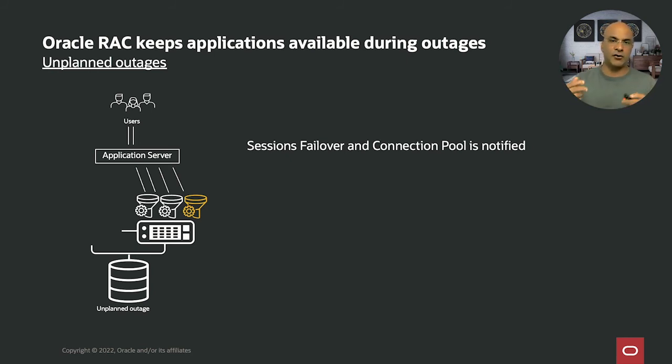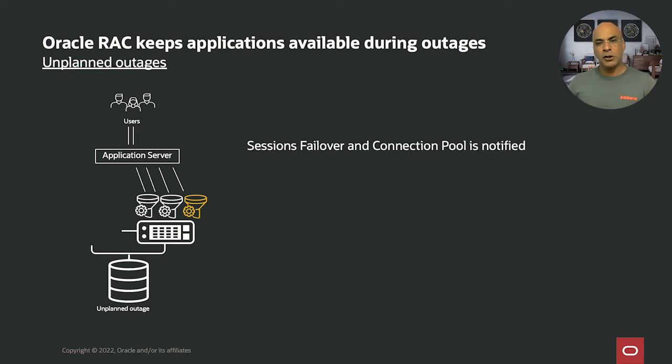Let's say you have a banking transaction, doing 2 inserts and 1 update. Now, there are 100 connections, and suddenly there is an unplanned outage. We have failed over the sessions, but we don't know what state they were in. How many of those were actually committed, and before the commit could be transferred back to them, whether they got it done or not? We don't know. The instance just went away.